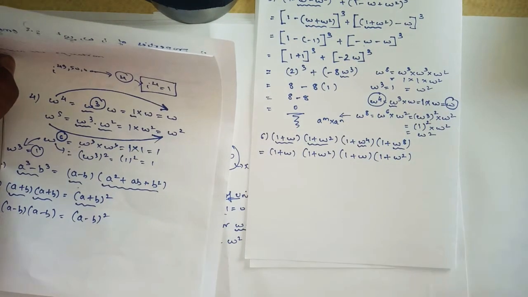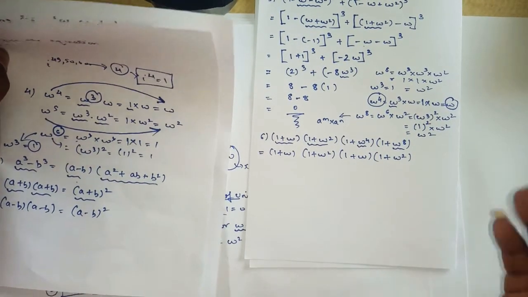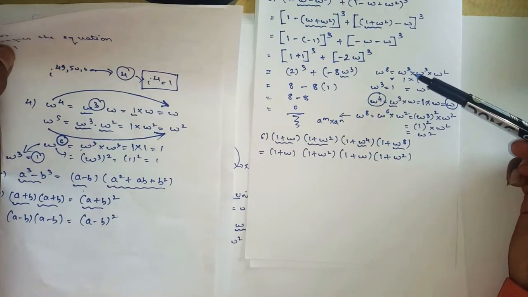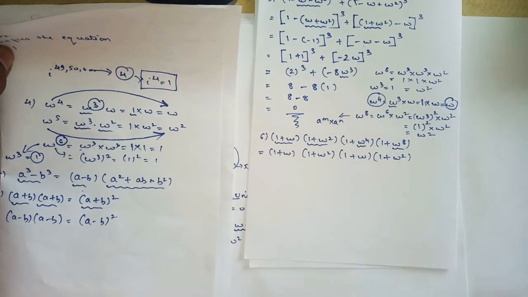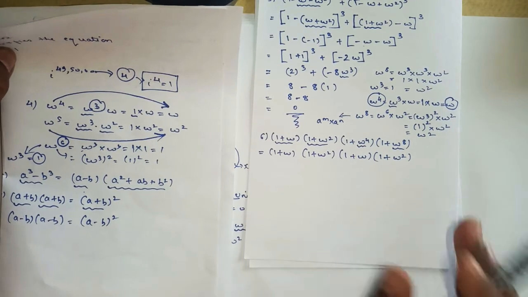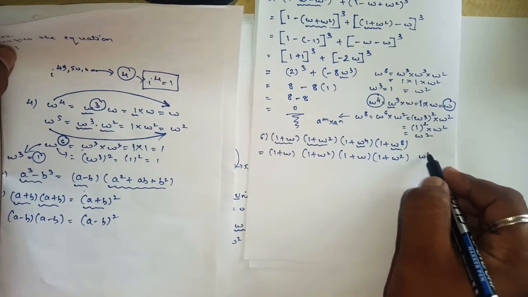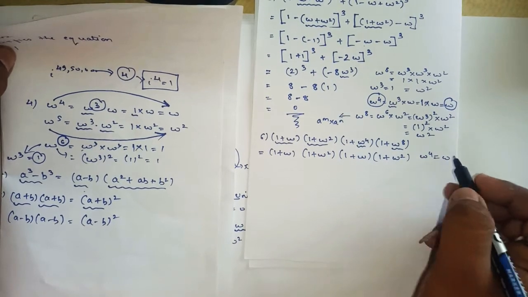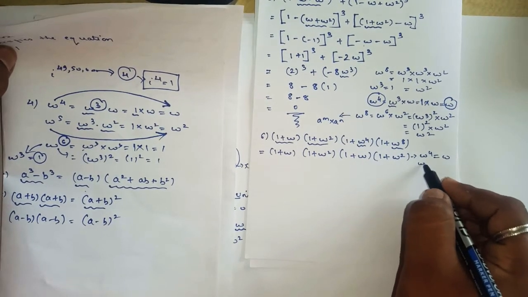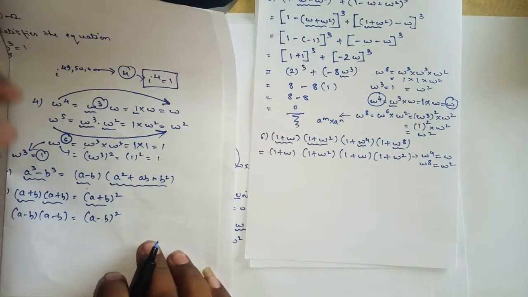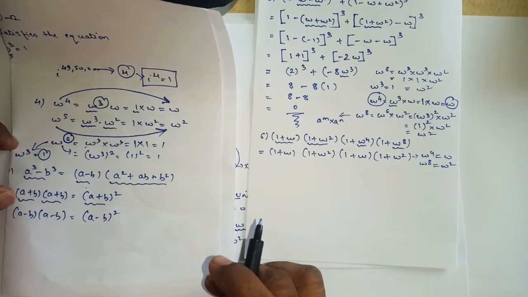It depends on your thinking how you will break this term, but see to it that you always break the term with respect to 3 only. I hope you all understood till here. So w raised to 4 we can write as w, and w raised to 8 we can write as w square.